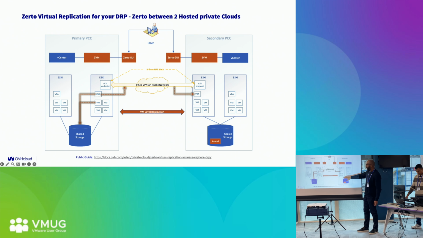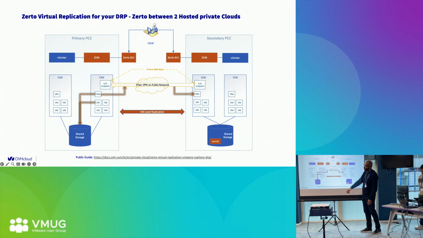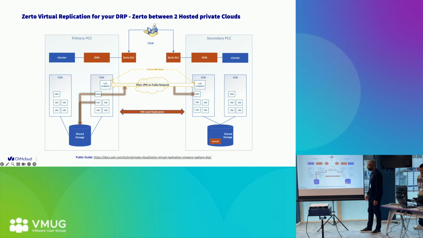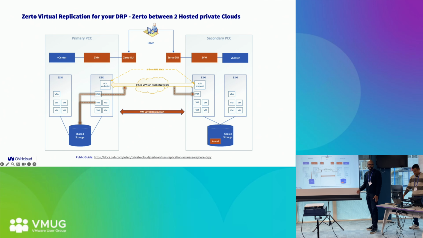And then after that, you, as a user, have to use the Zerto GUI. We don't actually have that within the vClient, virtual client. So you have to go to Zerto to set that up. So it's kind of a bit of a manual kind of DRP thing after that.